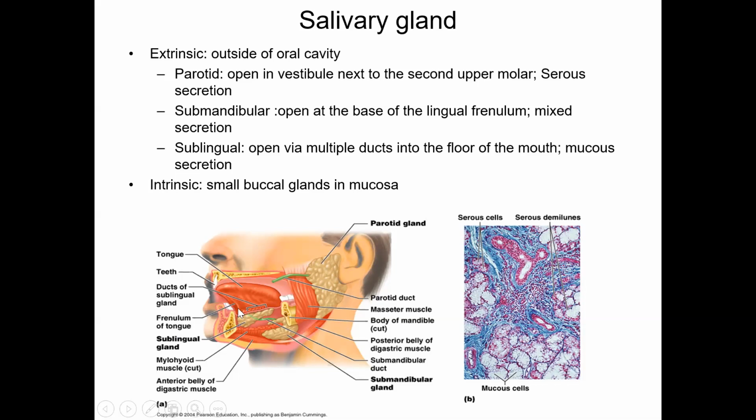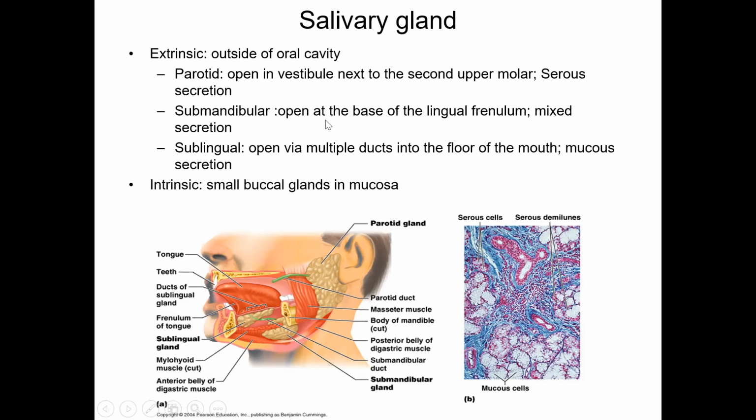On each side of this separation, there is an opening of the duct from the submandibular gland. Maybe you have this experience: you probably saw someone, when they roll up the tongue, shoot out saliva. That is coming from this submandibular gland.